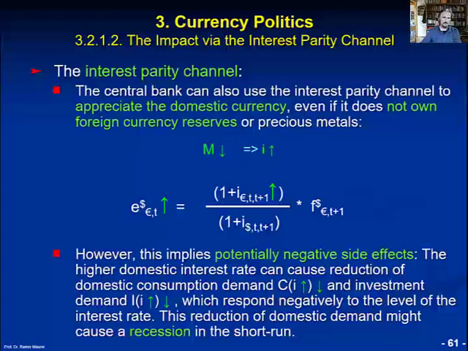This is the problem with this type of policy. But if necessary, the central bank can do this. It only has to pay the price of this likely recession or a likely dampening of the domestic economic activity.